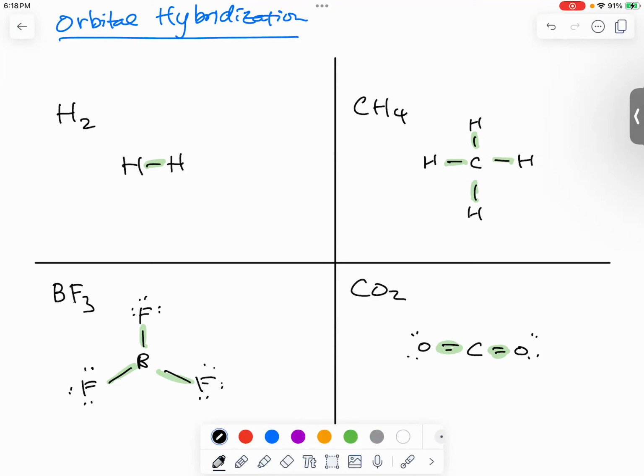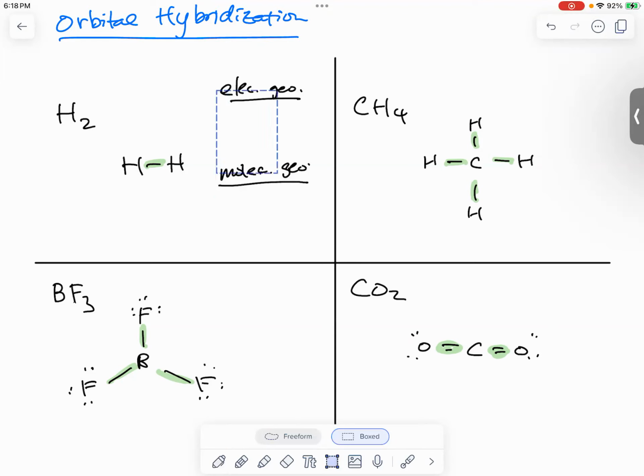Now, let's also talk about those geometries. Let's start out with electronic geometry, which is the first thing that we need to look at. And then we will talk about the molecular geometry.